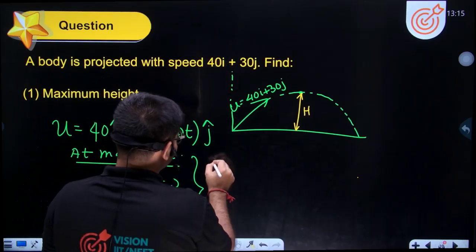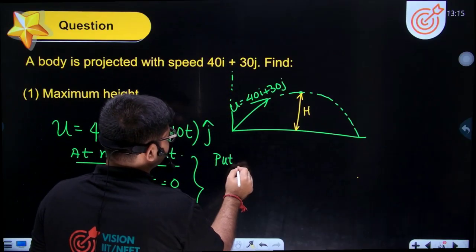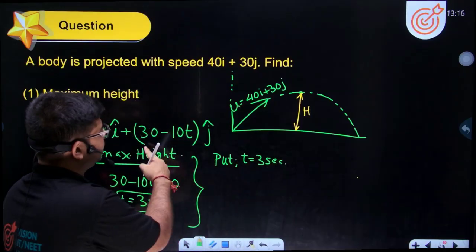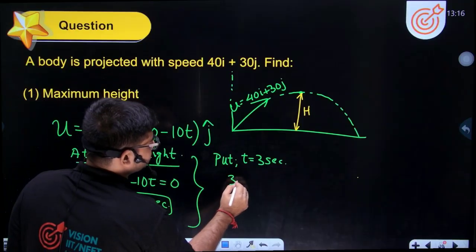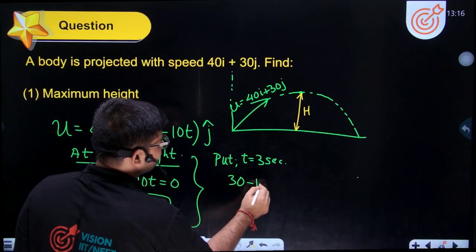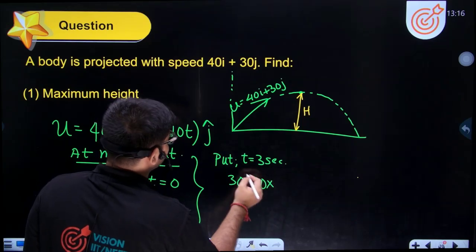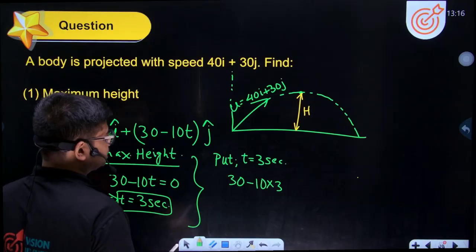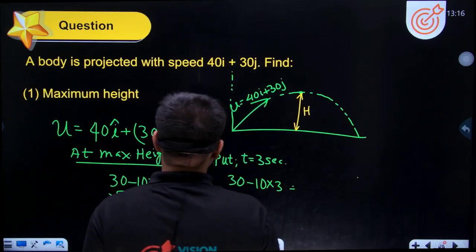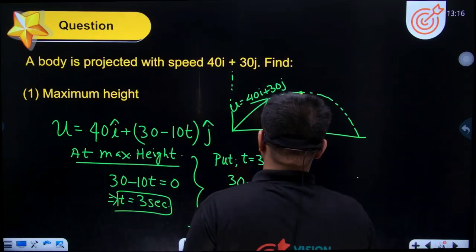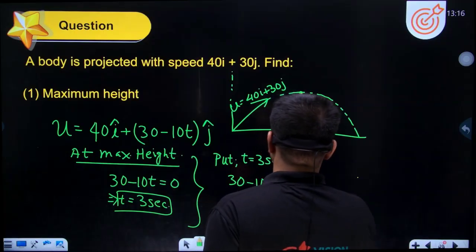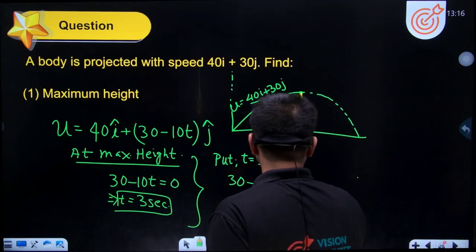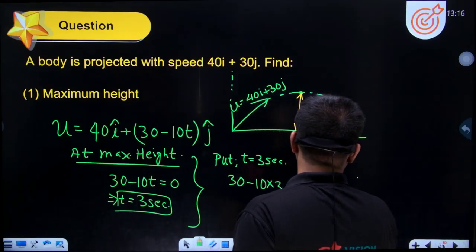So put t is equal to 3 seconds in 30 minus 10t. That gives you the velocity is going to be 0 here. So yes, the velocity is 0. This is nothing but Vy.